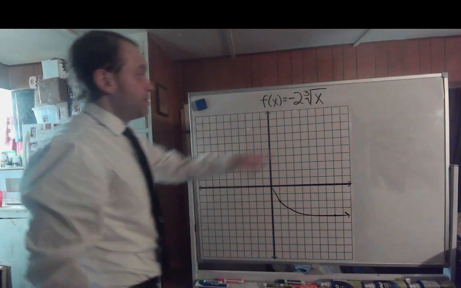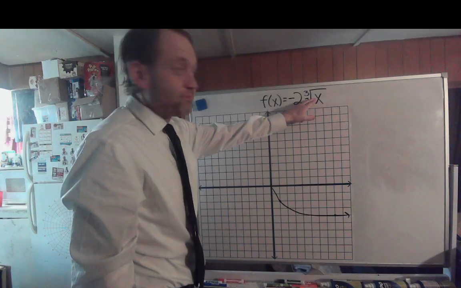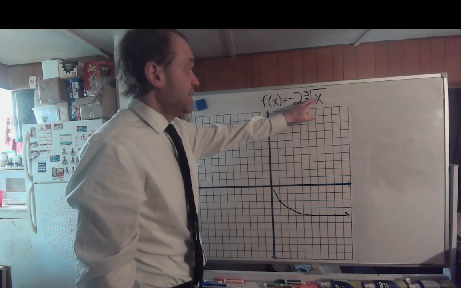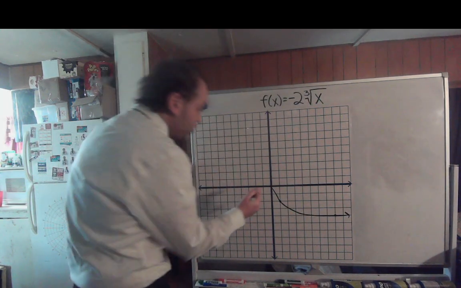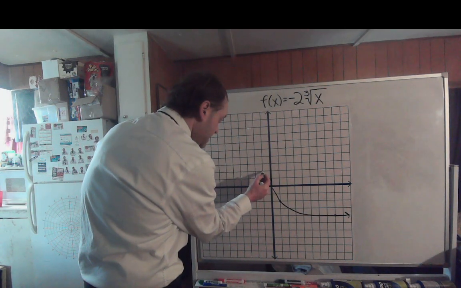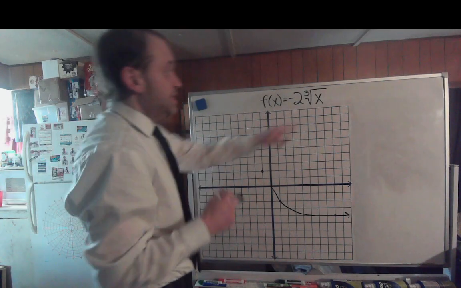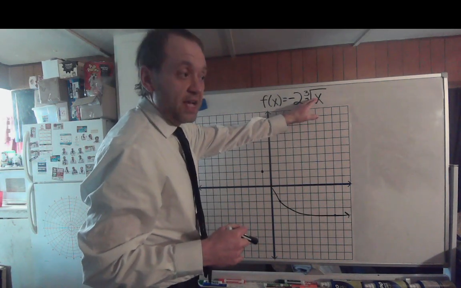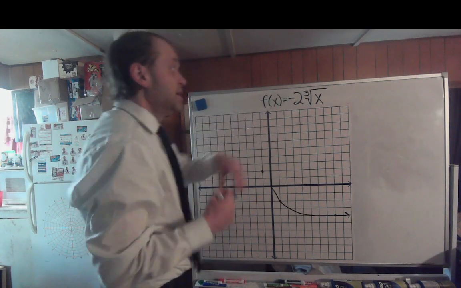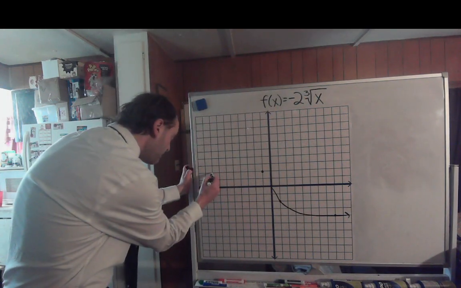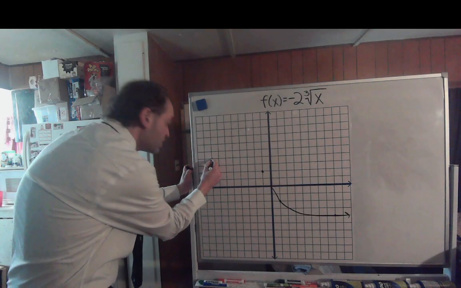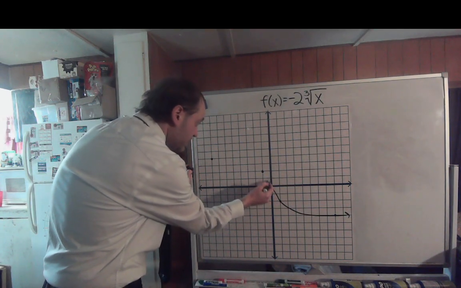Now, what about when x is negative 1? Cube root of negative 1 is negative 1 times negative 2 is actually positive 2. So you'll get negative 1, 2. Then how about when x is negative 8? So the cube root of negative 8 is negative 2 times negative 2 is positive 4. Let's go ahead now and draw the left branch of this.